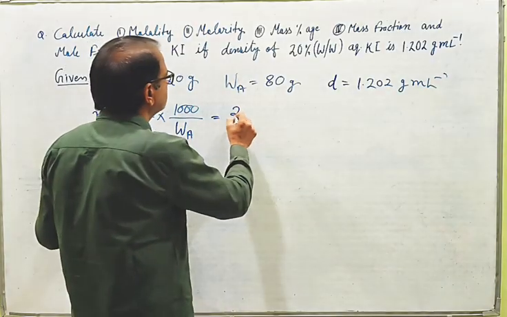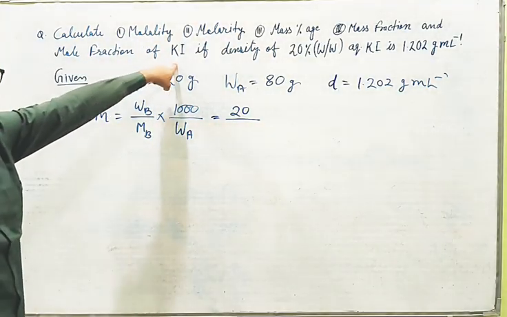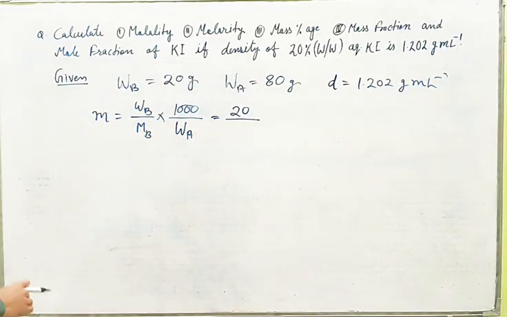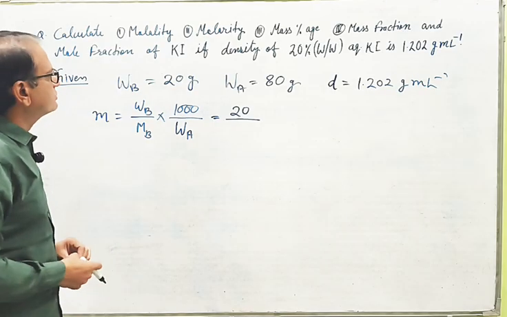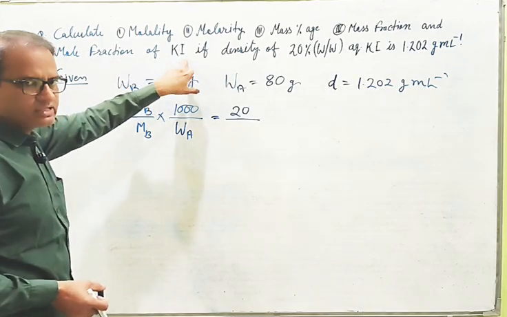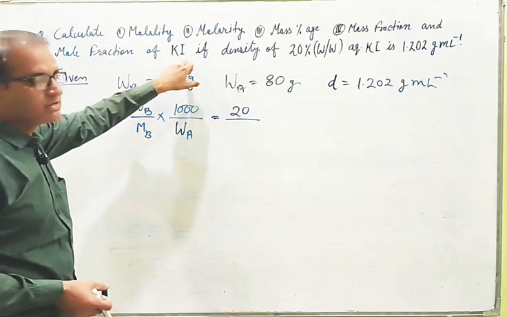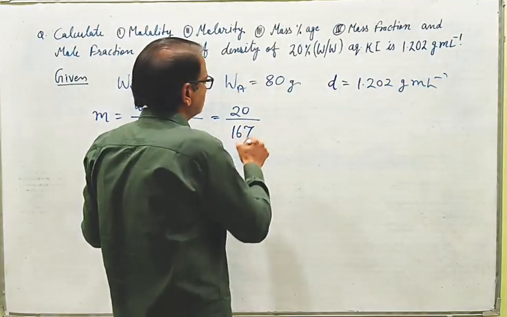Wb is given as 20. Mb is the molar mass of KI. Generally it is given, but here it is not given, so you can calculate. For potassium it is 40, for iodine it is 127, so it will be 167.